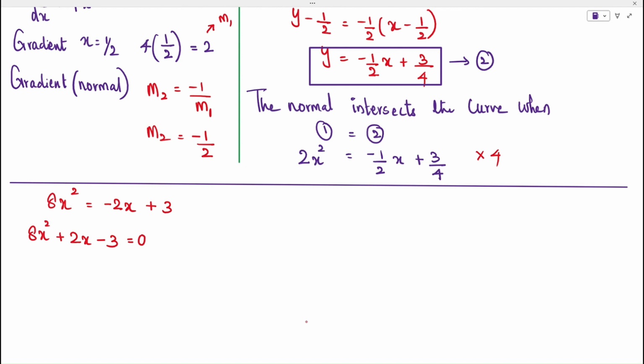The way we're going to solve the quadratic now is we're going to use splitting the middle term. So we have to find two numbers that add to 2 and multiply to minus 24, because this is our coefficient of x squared multiplied by our constant.